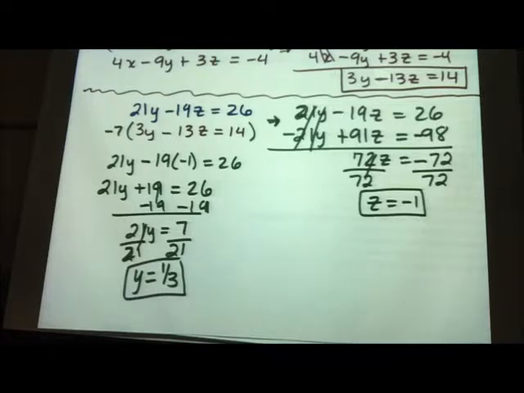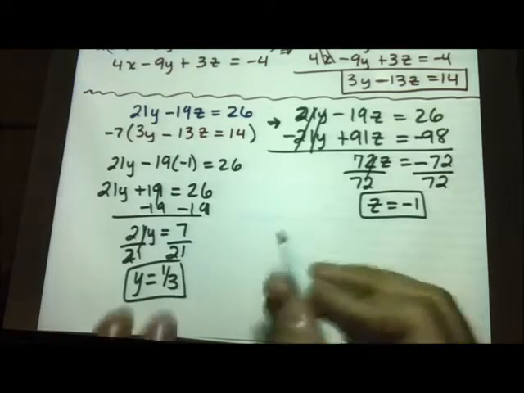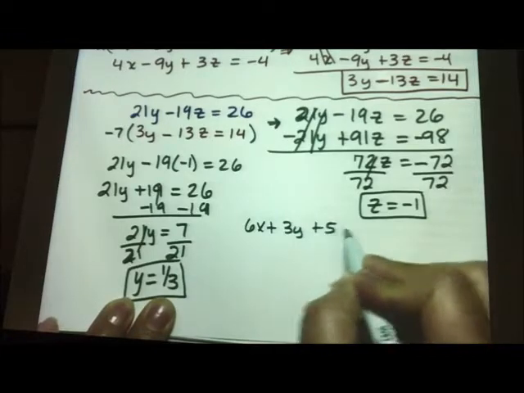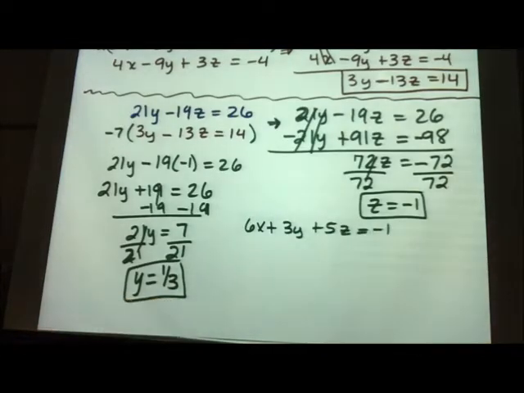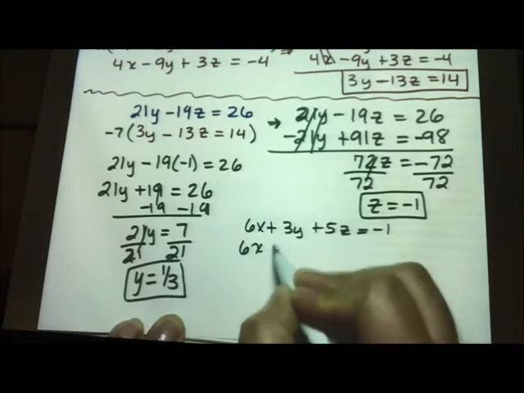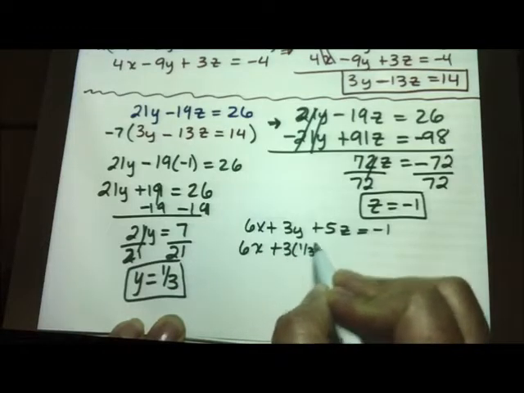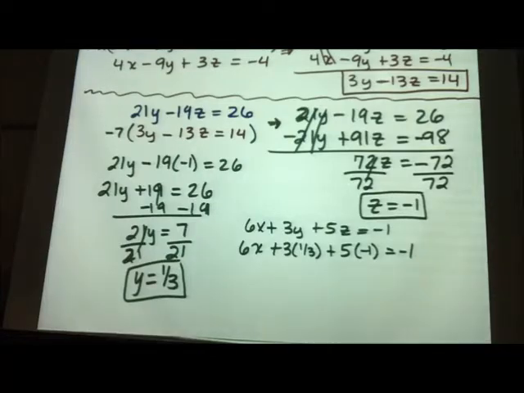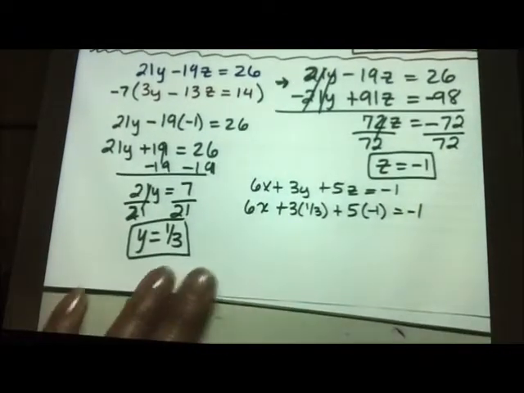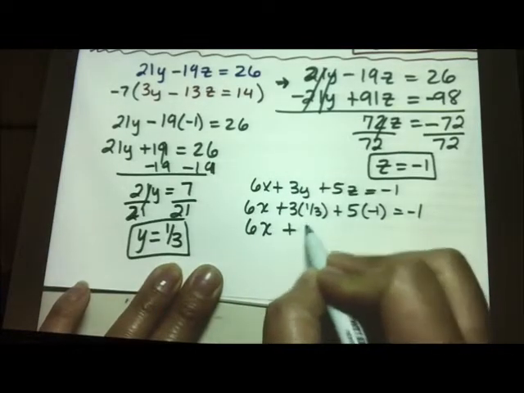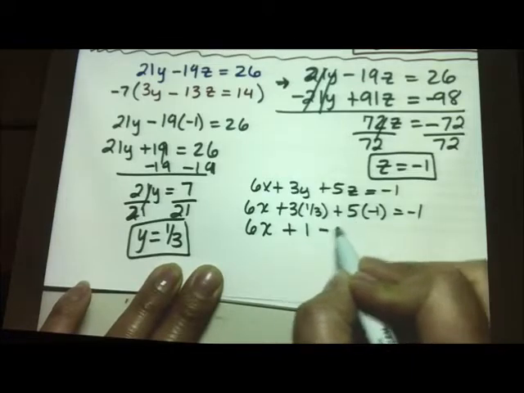Now, once again, I always say just plug everything back into the first one if it has all three variables. In this case, it does. So my first equation is 6x plus 3y plus 5z equals a negative 1. So I'm going to plug everything into this one. So we have 6x, plus 3 times 1/3, plus 5 times a negative 1 equals a negative 1. Now, 3 times 1/3 is just 1. 5 times a negative 1 is a negative 5.